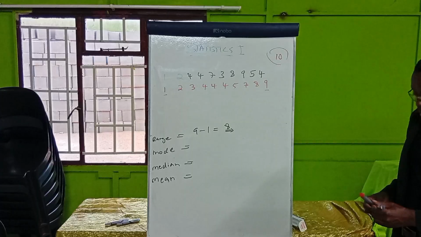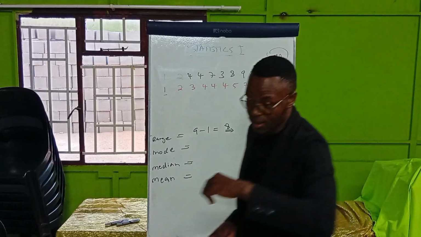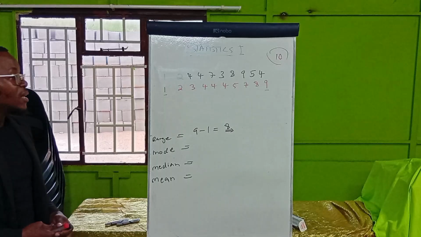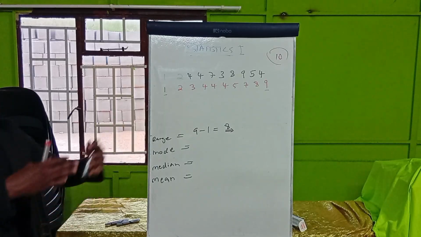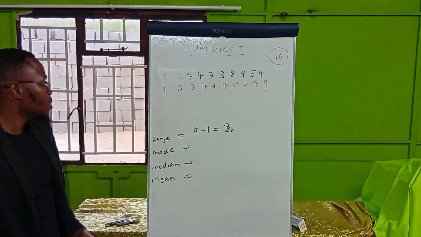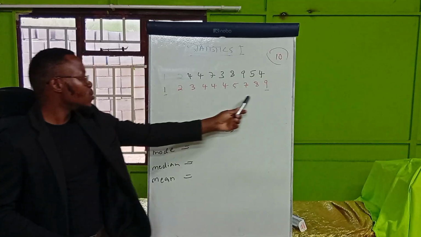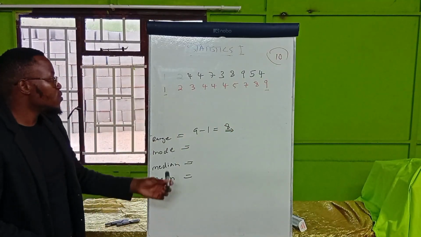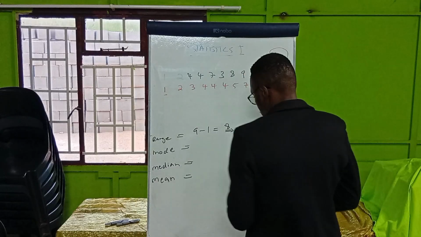Now for the mode, remember, from our definitions of the different parameters, we said the mode is the variable that appears numerous times or many times. So when you look at these numbers, which number appears numerous times? 4. So therefore, 4 is our mode.